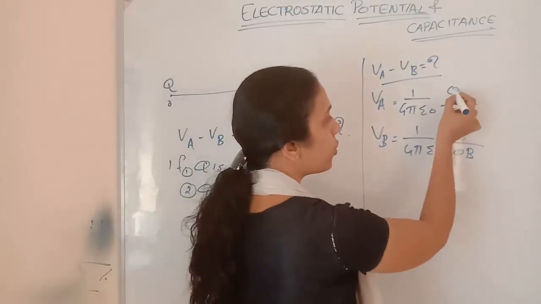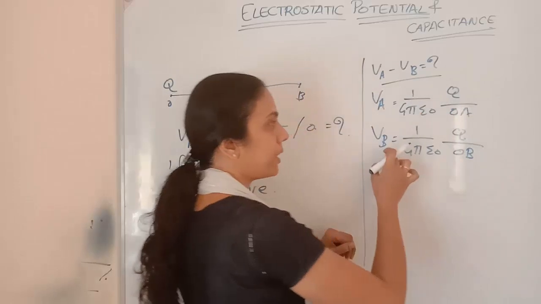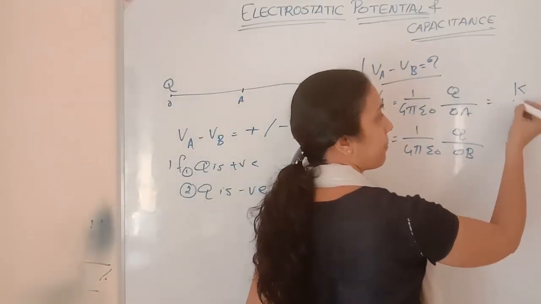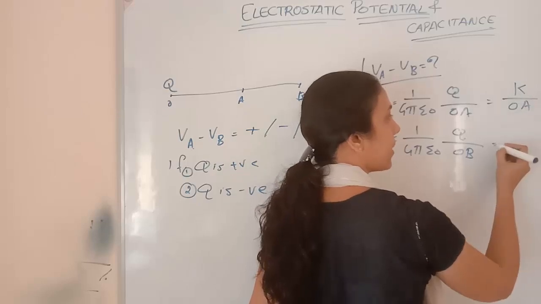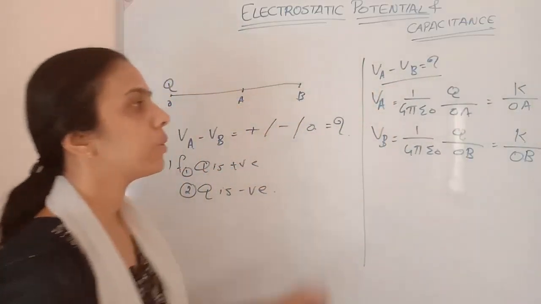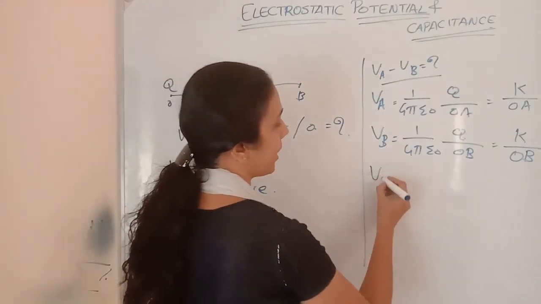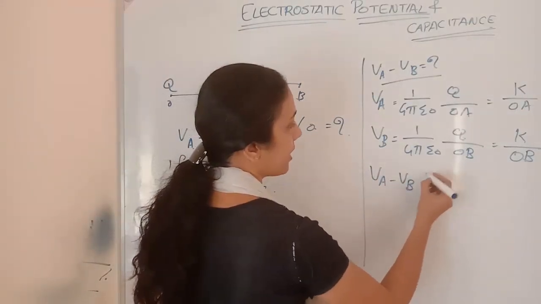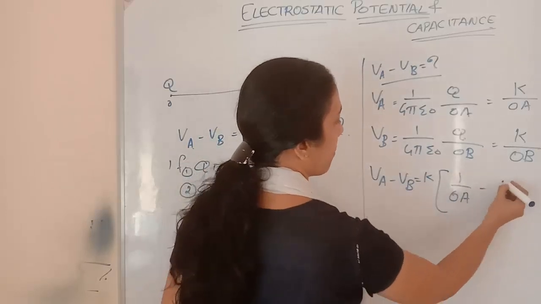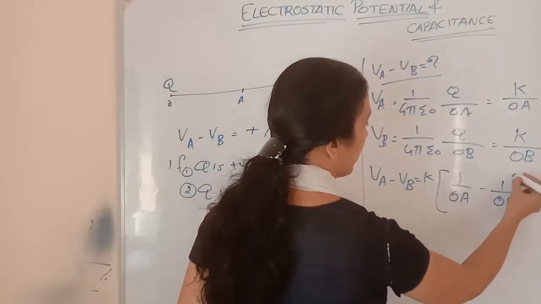Here Q by 4 pi epsilon 0 is common in VA and VB, so instead of that we can write K by OA and K divided by OB. Now we are going to find out VA minus VB. VA minus VB will be equal to K into 1 by OA minus 1 by OB.